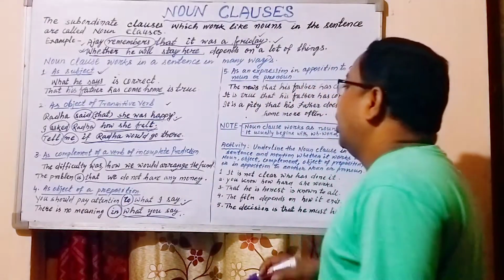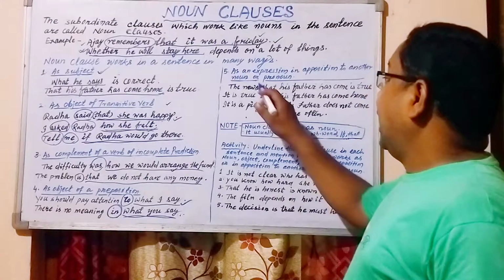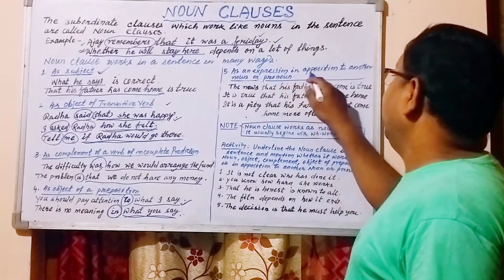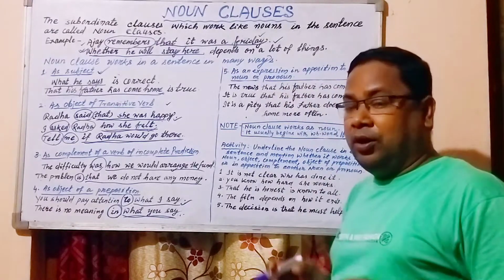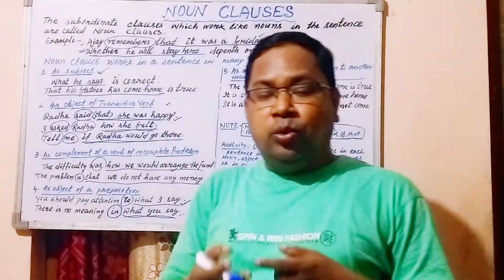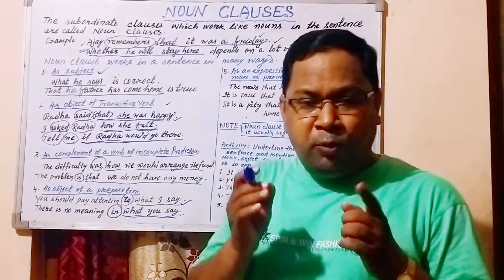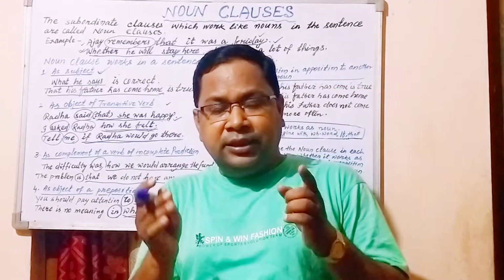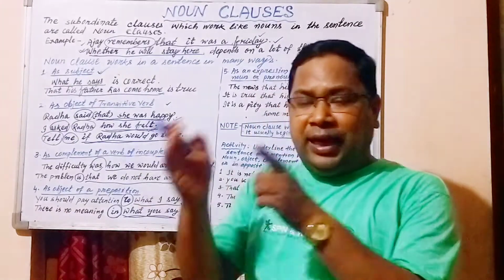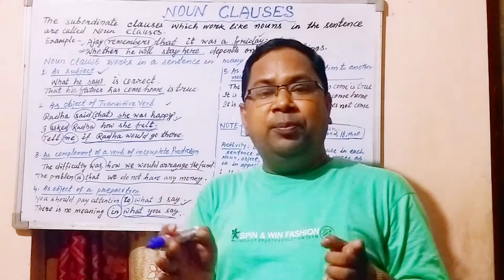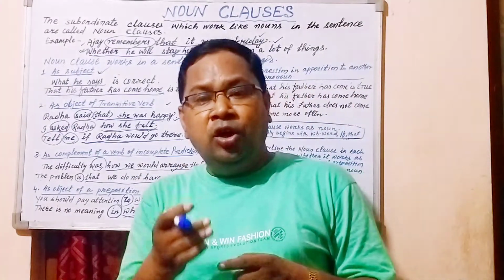Okay. Last one, as an expression in opposition to another noun or pronoun. First of all, let's know what opposition is. Opposition means replacement. That means if we replace one and put another one, the sense will be unchanged, the meaning will be unchanged.